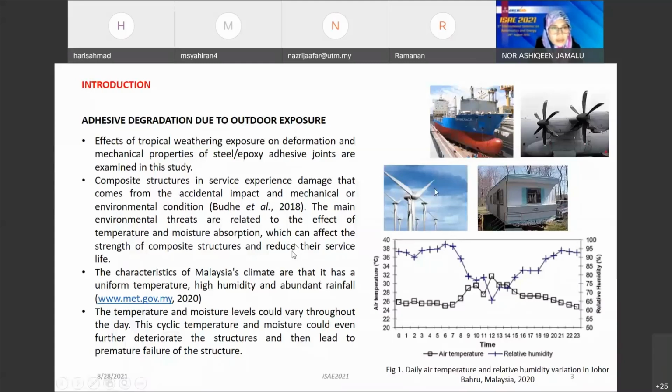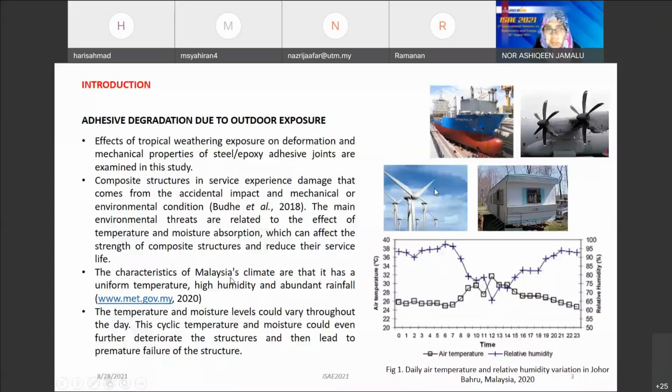Composite structures experience damage that comes from accidental impact and mechanical or environmental conditions. The main environmental threats are related to the effects of temperature and moisture absorption, which can affect the strength of the structure and reduce its service life.